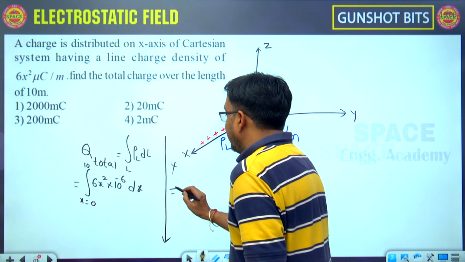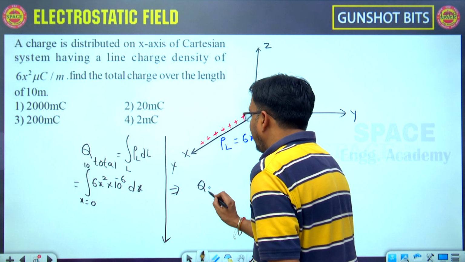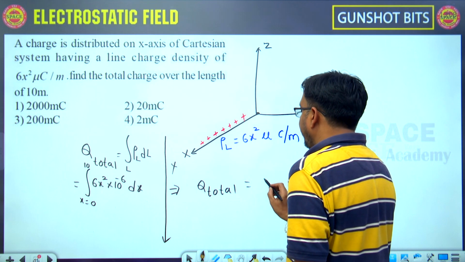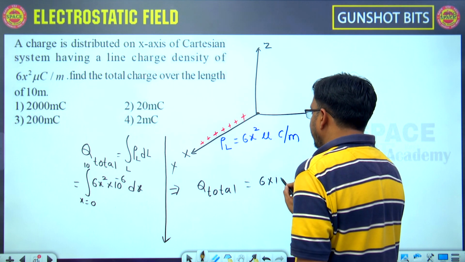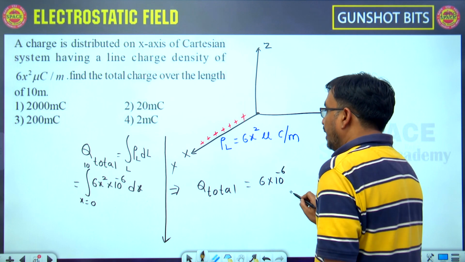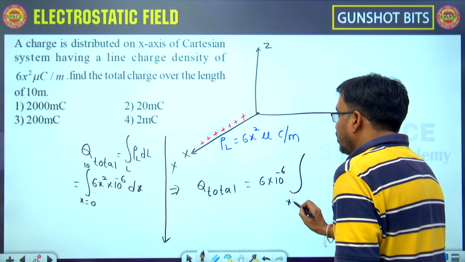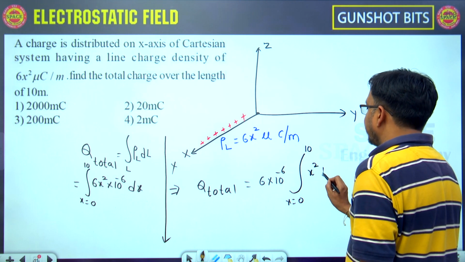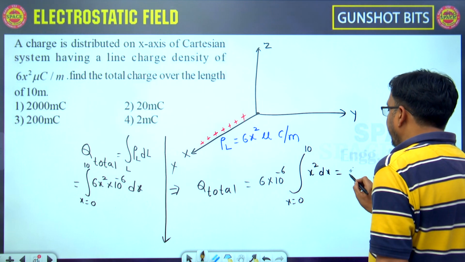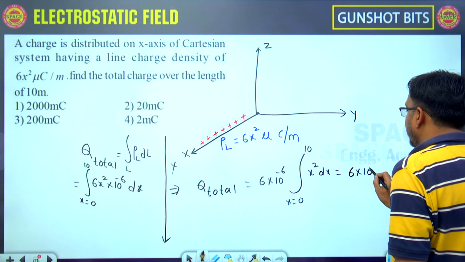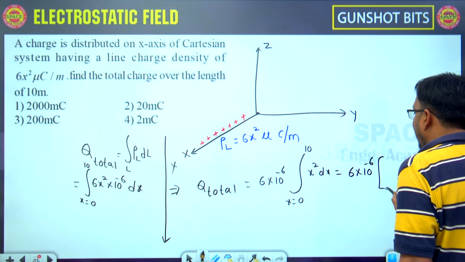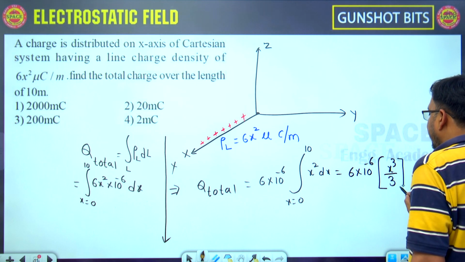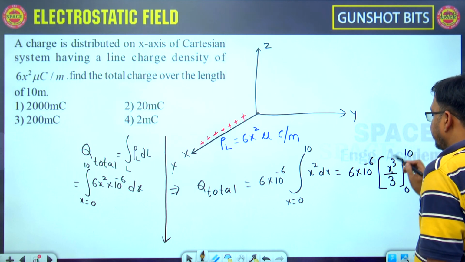So the total charge Q total equals 6 into 10 power minus 6, a constant, times the integral from x equal to 0 to 10 of x square dx. That equals 6 into 10 power minus 6 times the integration of x square dx, which is x cube by 3, with limits 0 to 10.